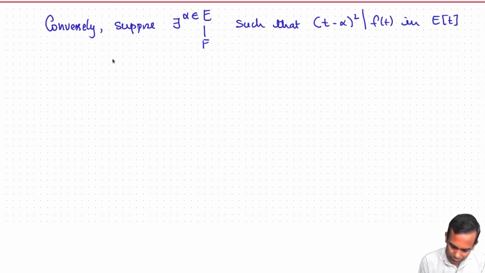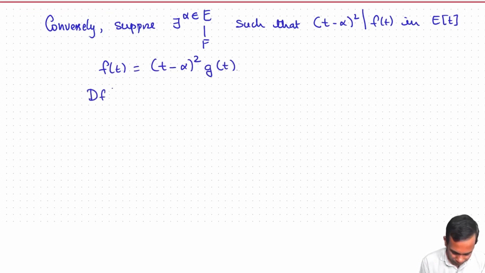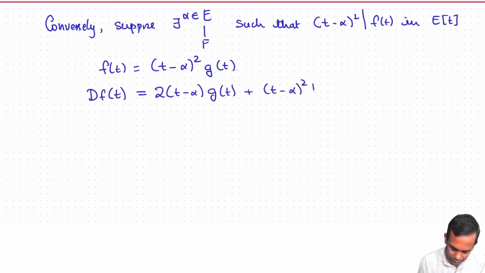So what we have is f(t) equals (t minus alpha) squared times g(t). Now let's compute df(t). So using the product rule for derivative, we get 2(t minus alpha) g(t) plus (t minus alpha) squared dg(t).